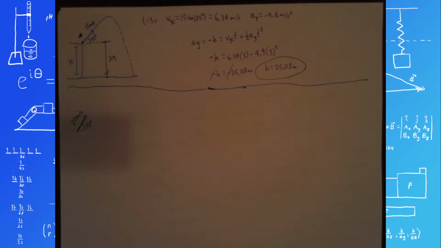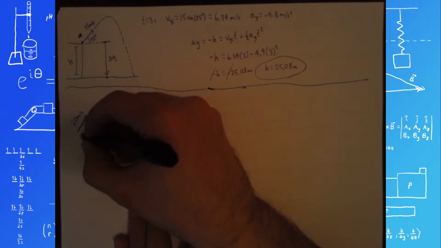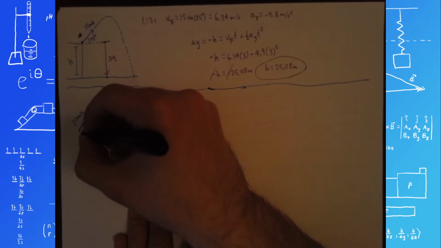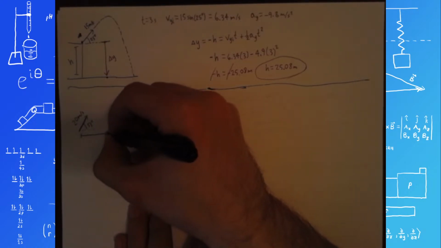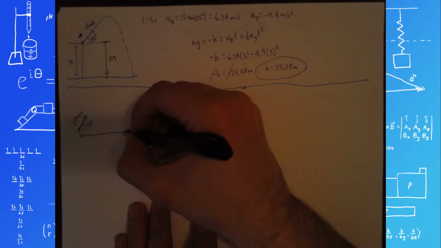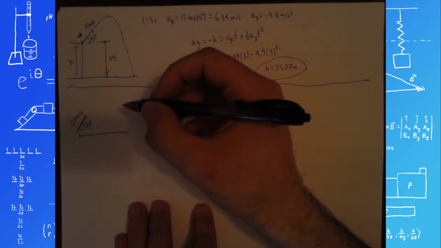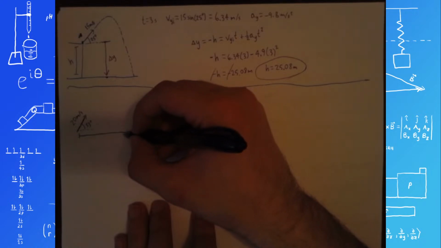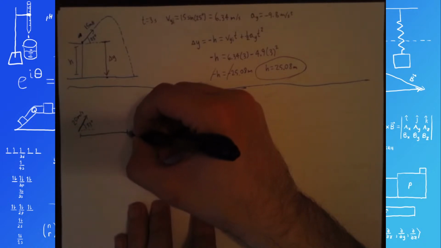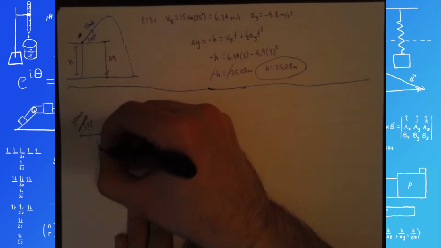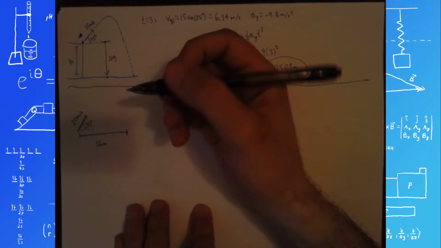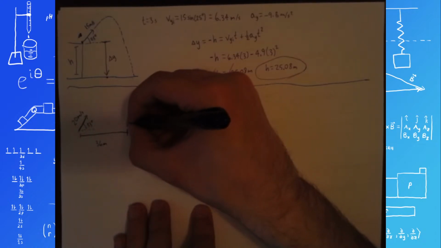And it's 36 meters away from a crossbar. Okay, I guess I drew this pretty poorly, but we'll see. 36 meters away from a football crossbar.